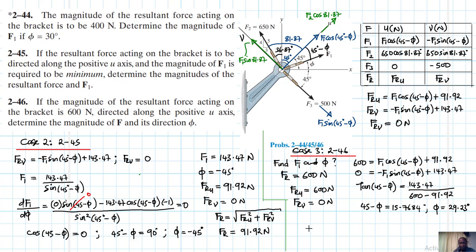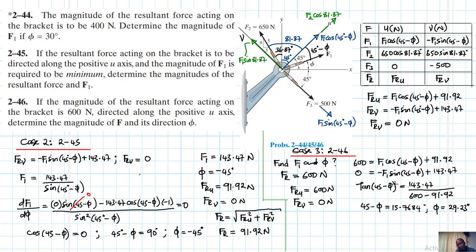Okay, so 143.47 divided by 600 minus 91.92, and then tan inverse of that. Okay, and then we throw it to the other side there, and then we have 29.23.